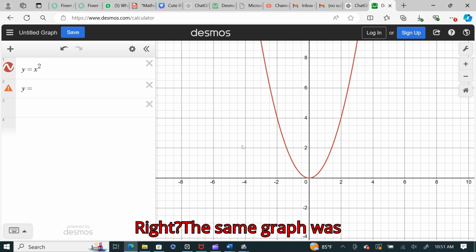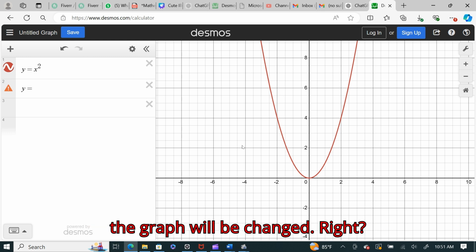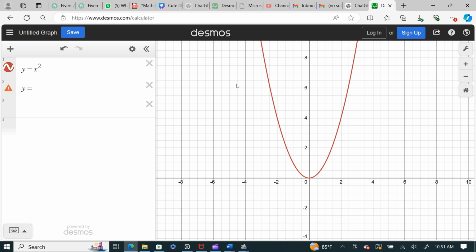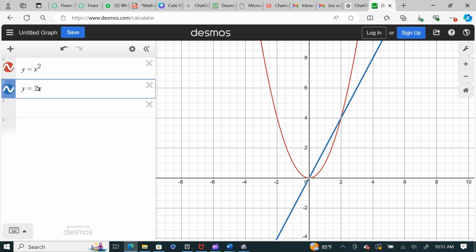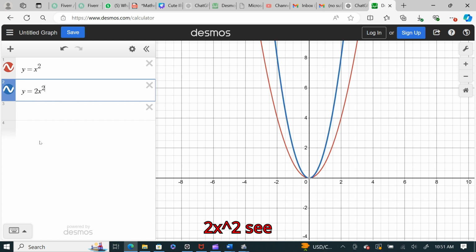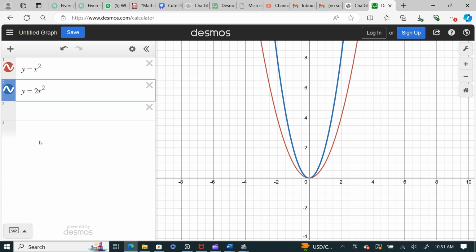The same graph was translated and reflected. But in this case, the location of the graph is not changed, but the shape of the graph will be changed, right? Then we will say 2x square.